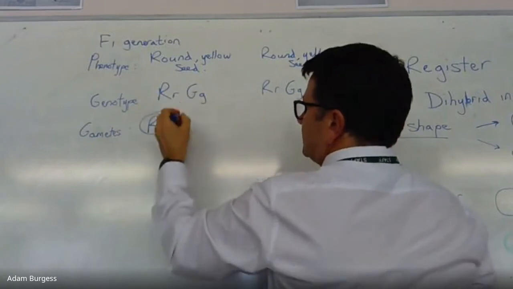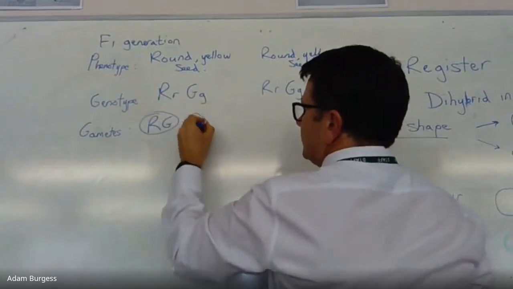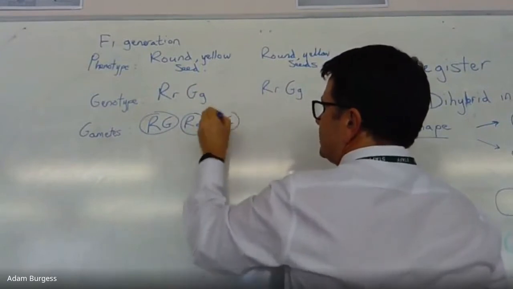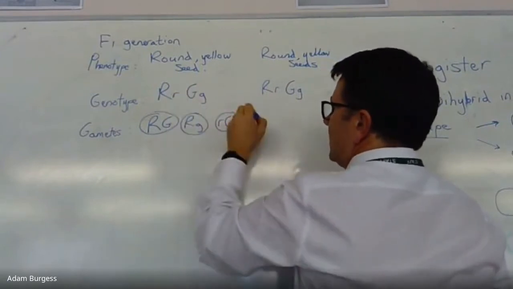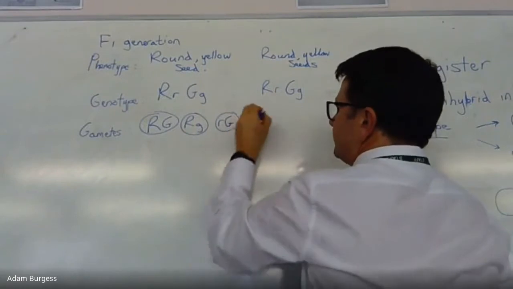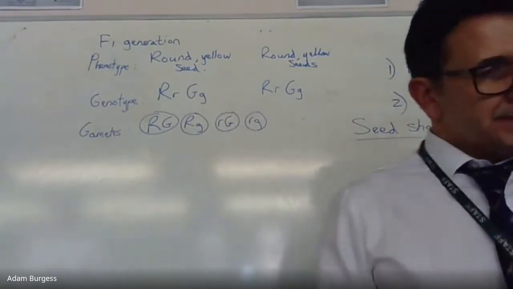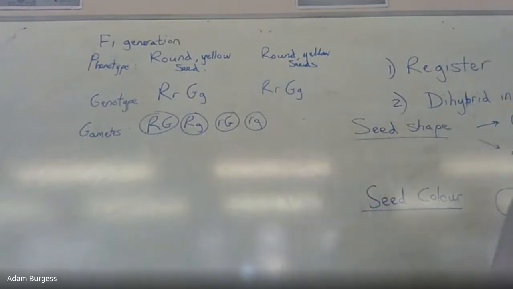Big R, little g, that'd be 2. Little r, big G, 3. And little r, little g is 4. And you get exactly the same on the other side as well.